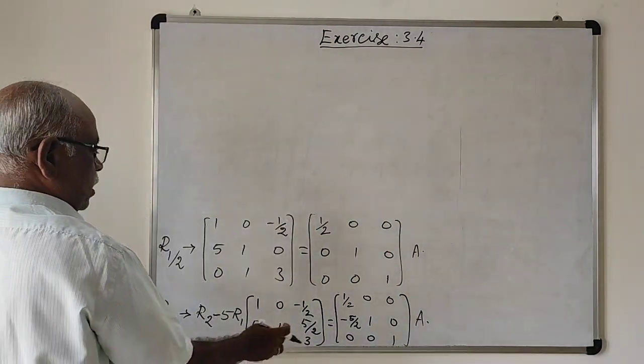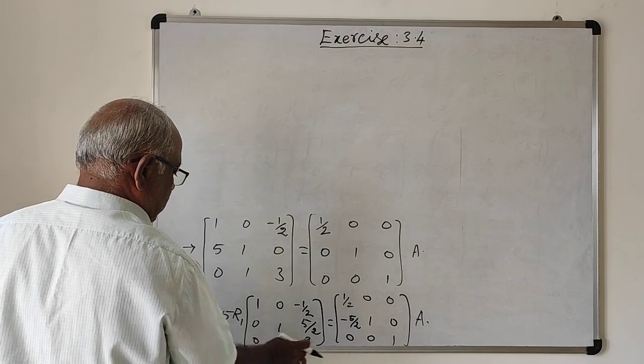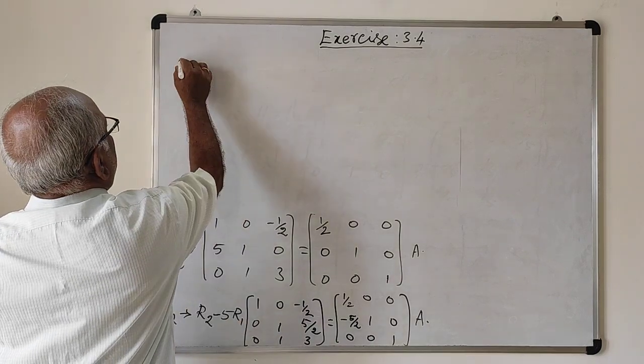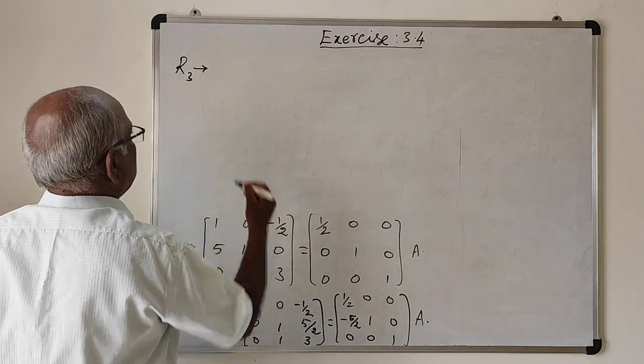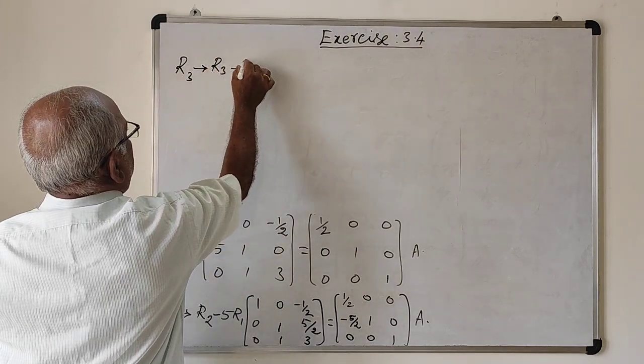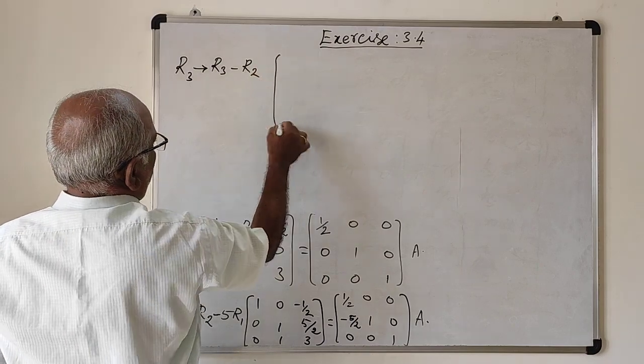So to convert this third row second column into 0, we write R3 as R3 minus R2.